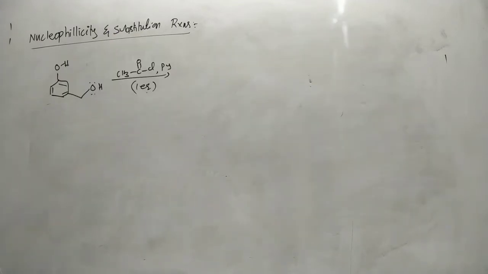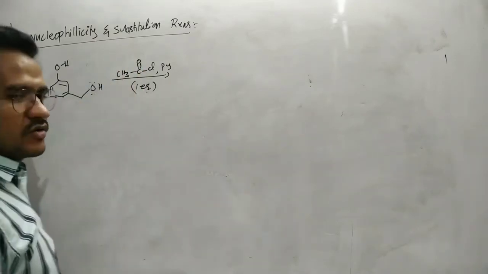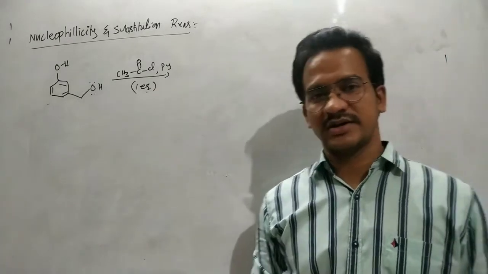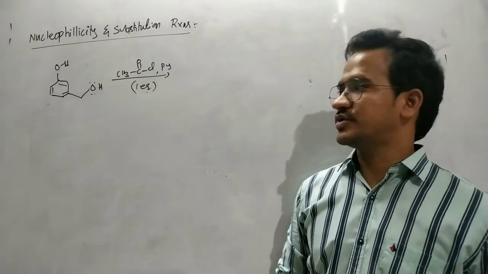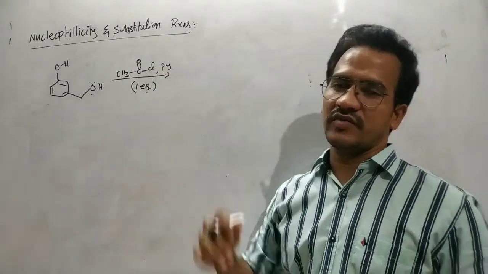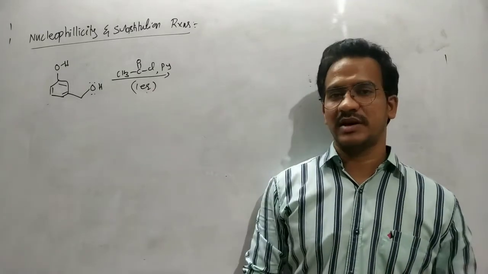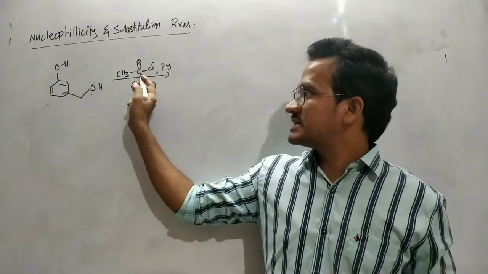You see this one again, this compound on reaction with acetyl chloride. Acetyl chloride can be involved in a nucleophilic substitution reaction, which is different from the aliphatic nucleophilic substitution. It is an acyl nucleophilic substitution. Acid derivatives are involved in acyl nucleophilic substitution reactions, that means substitution on the acyl carbon.